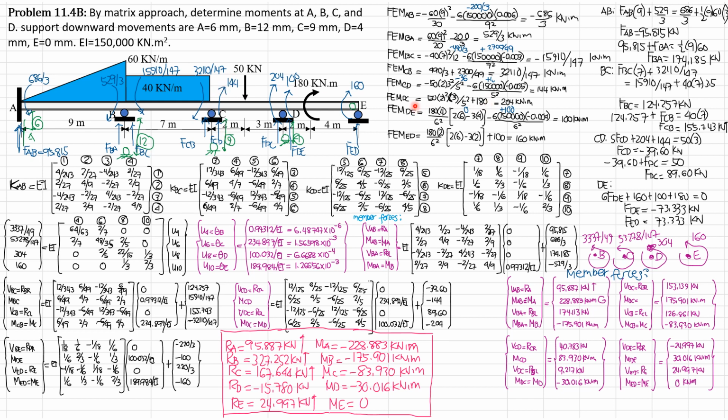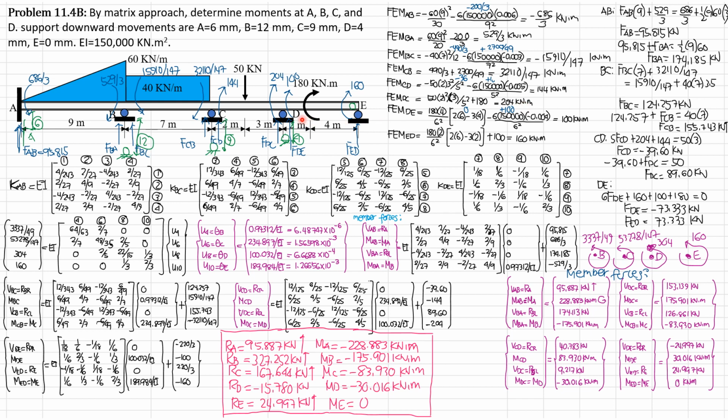Then fixed moment DC is positive 50 times 2 squared times 3 over 5 square, then plus due to support settlements 180. So this is 24 plus 180, 204 kilonewton meter.